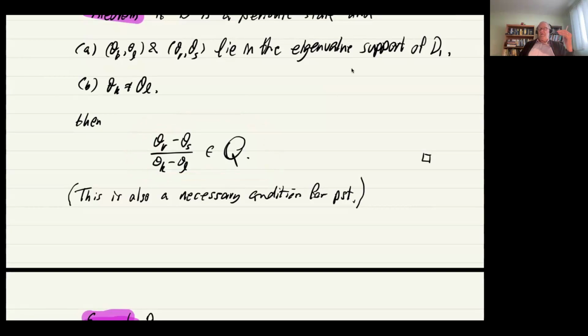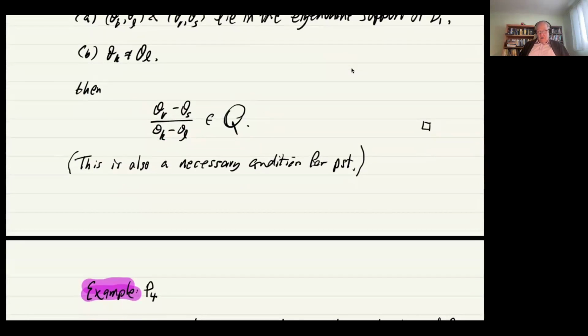So what's happened is I've introduced this concept of eigenvalue support, and then I said that if we're periodic at a vertex, then we're getting this condition on the eigenvalue support. It's a bit hard to use at the moment because we don't know much about the eigenvalue support, but we do know it consists of eigenvalues of the graph. And so as I said, this is strong.